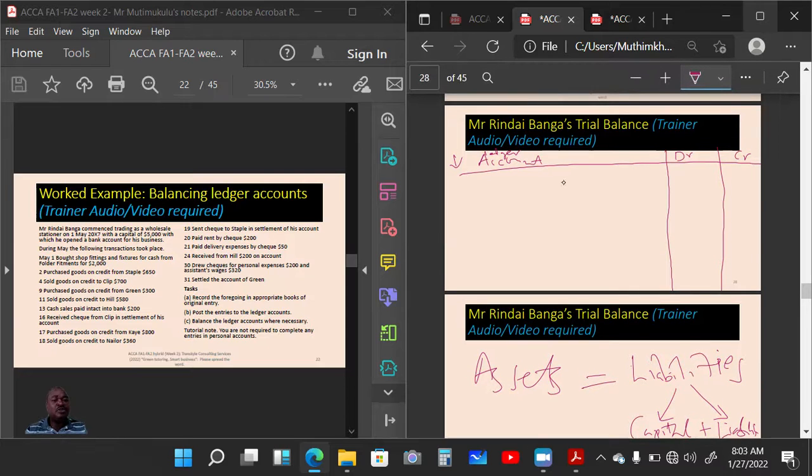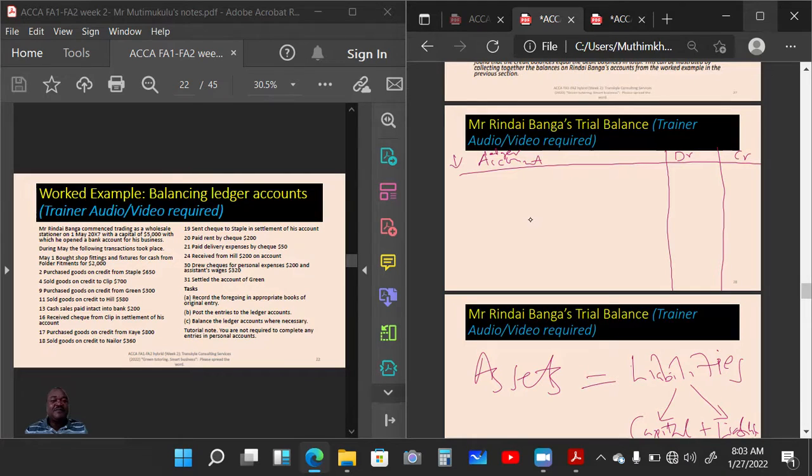I'm going to do just 3 entries, and you are going to complete everything as part of the assignment for this trial balance, because the trial balance is going to come in the exam. I don't want you guys to fail. So you must show me the vivacity, the readiness, the will to pass.